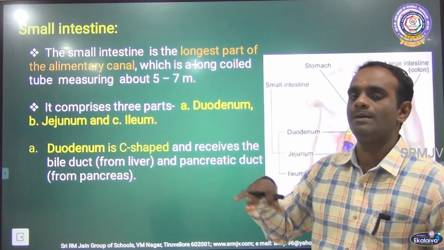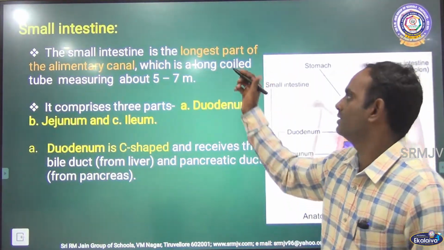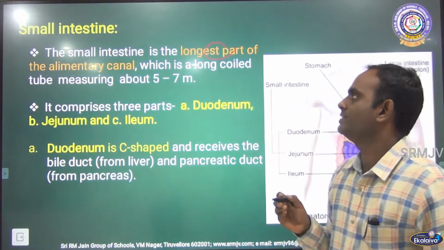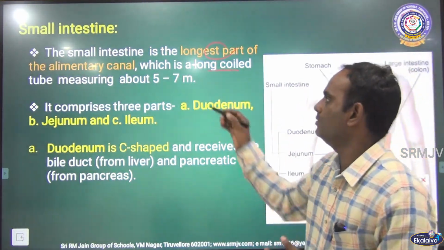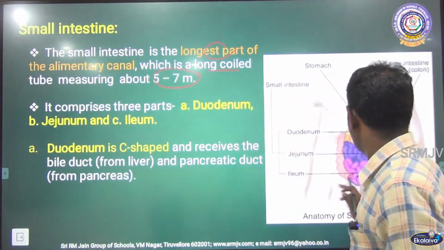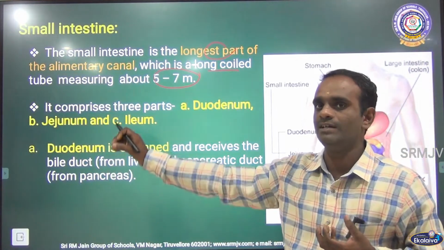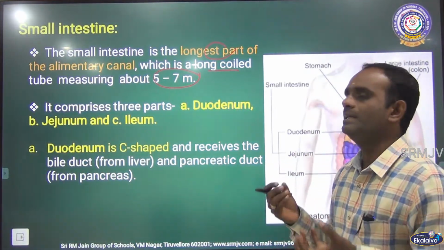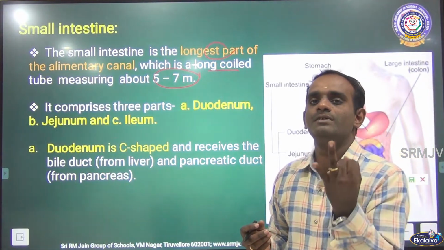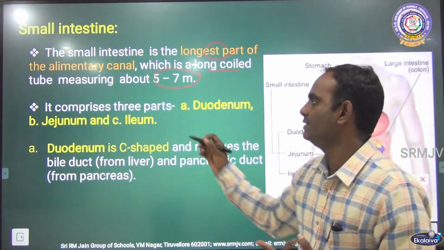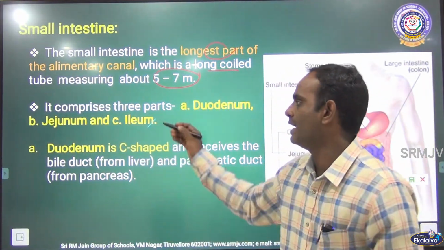Among the organs, the small intestine is the longest part, a long coiled tube measuring about 5 to 7 meters. It comprises 3 parts: duodenum, jejunum and ileum.